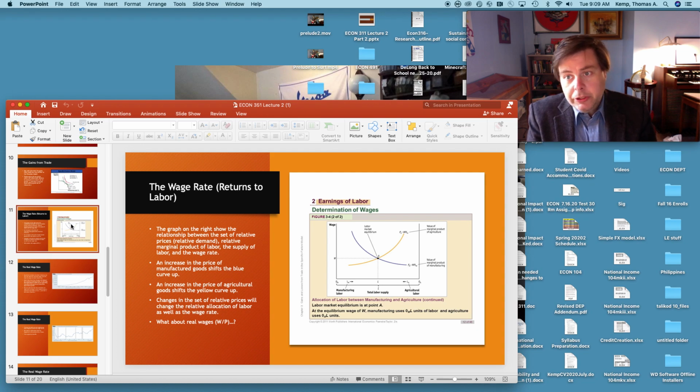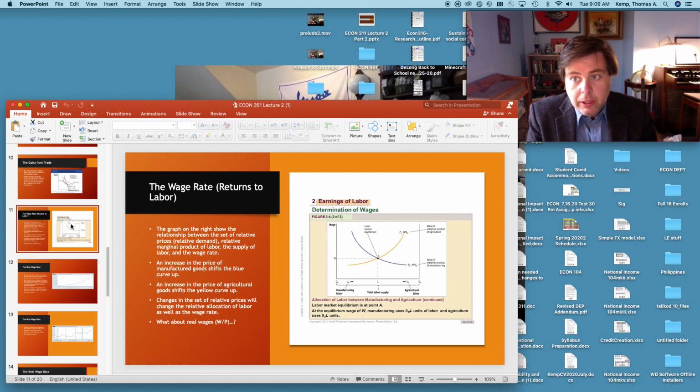And then as production expands, production is forced to utilize less and less efficient factors of production. Okay, and that condition holds true for all industries. So in this case, we just have two. And as a consequence, what we can do is draw this graph that we see here on this slide over here.